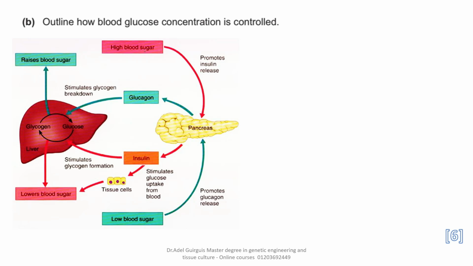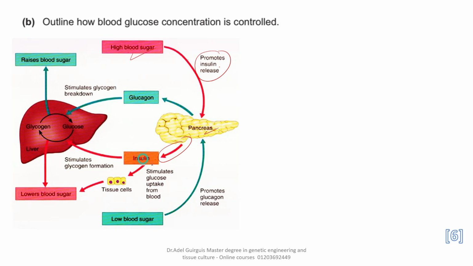At first, high blood glucose after having a meal stimulates insulin release from the pancreas. The pancreas senses the increase in glucose level after a meal, so it secretes the hormone insulin.